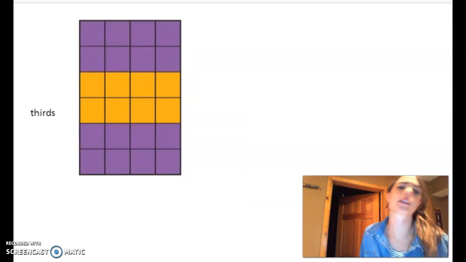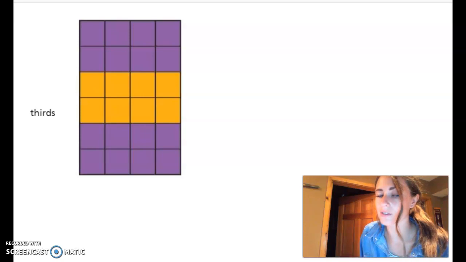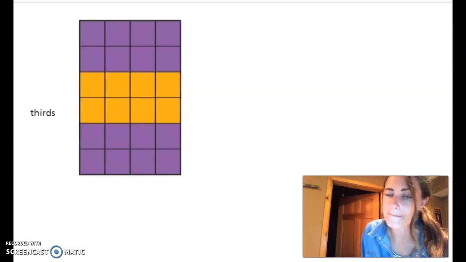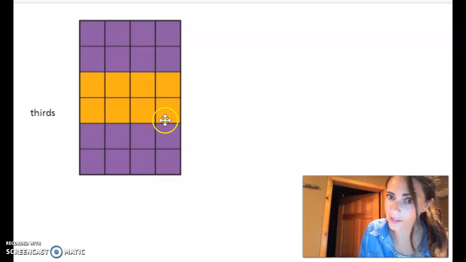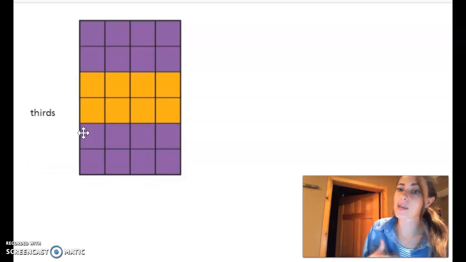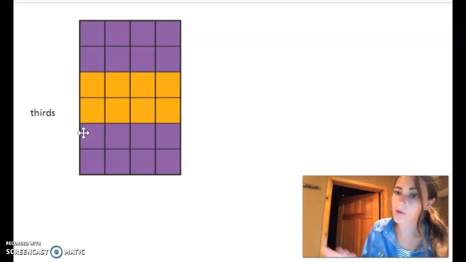Let's look at splitting the rectangle into thirds. Okay, so I think this is the only way that I could split my rectangle into thirds, but how do you know that those are equal parts? Each rectangle inside the rectangle that is split into thirds is the same amount of tiles. It's the same size, same shape, and same amount of tiles.